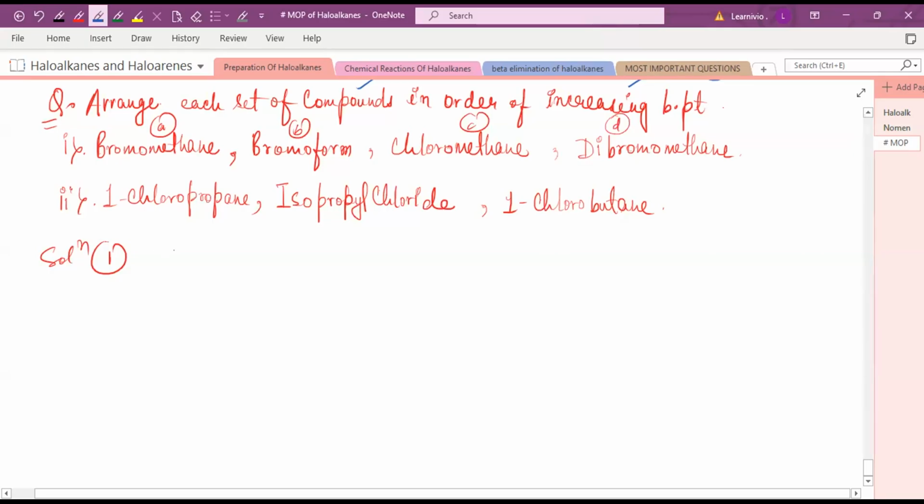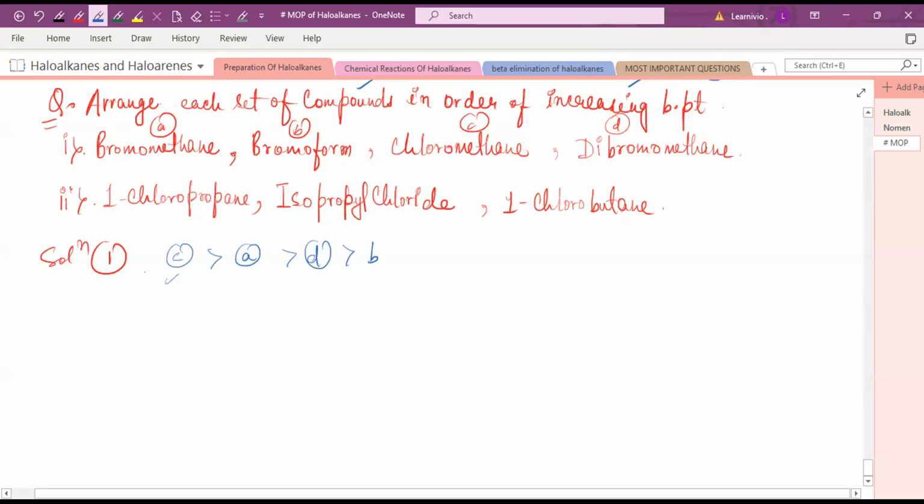C, A, D, B. Okay. According to you, C has the highest boiling point, highest or lowest? Highest.